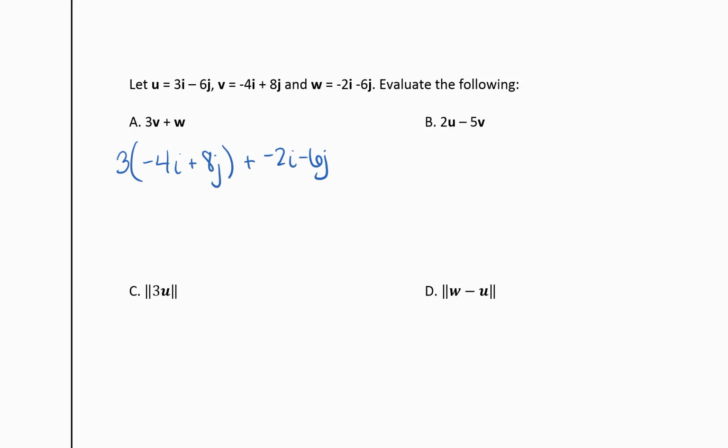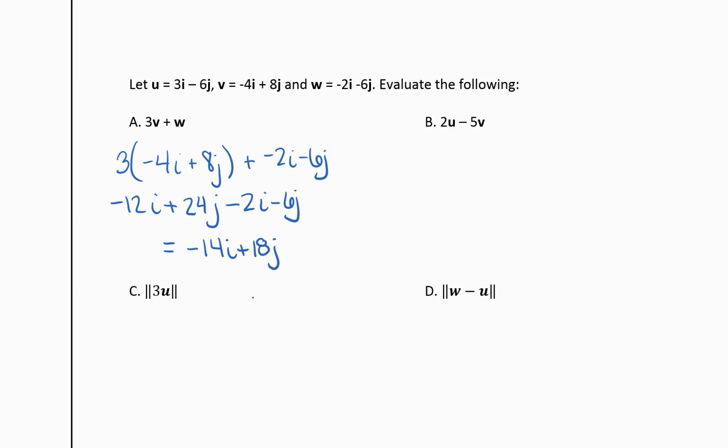We're going to distribute the 3, so we'd have -12i plus 24j, and then minus 2i minus 6j, and then we can just add the i's and the j's. So our final answer here would be -14i plus 18j.